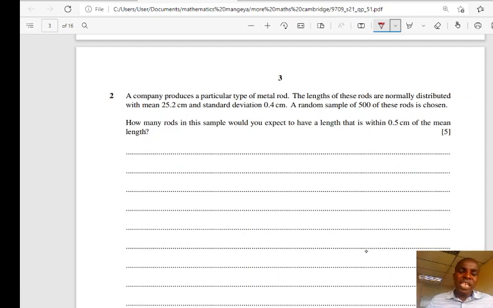Within 0.5 centimeters is plus or minus 0.5 centimeters. The mean length is 25.2, so it's plus or minus 0.5 centimeters. So the lower bound and the upper bound: 25.7, you add 0.5 to 25.2, and for the lower bound you subtract.